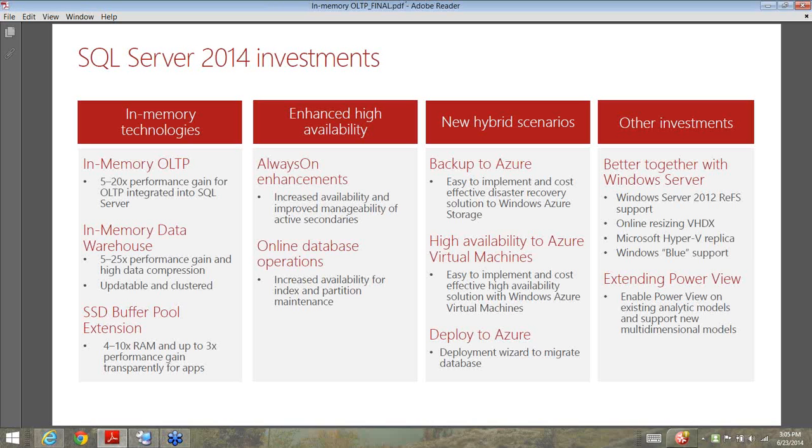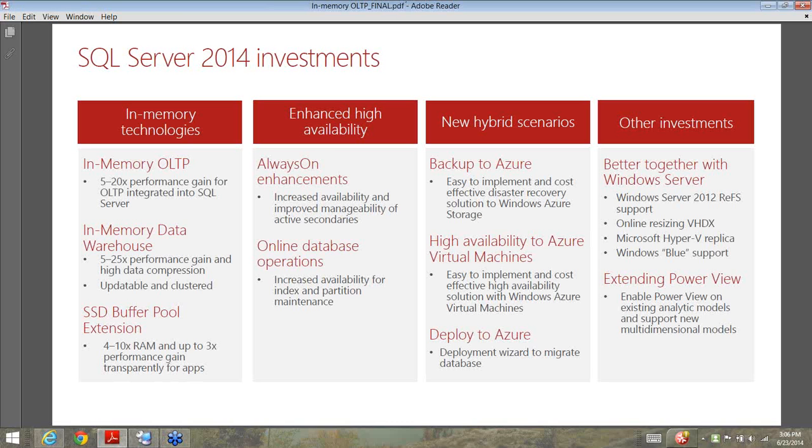So SQL Server 2014, if I were to say, works very closely with Azure, right? So you can actually offload your backups, and you can even move your databases onto Azure. So a couple of enhancements towards that stack as well, right?